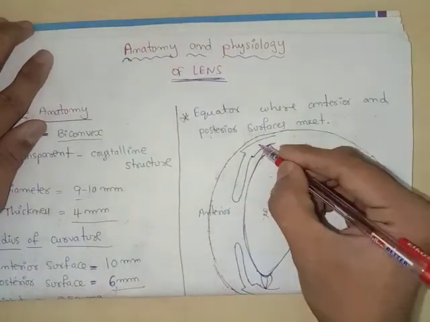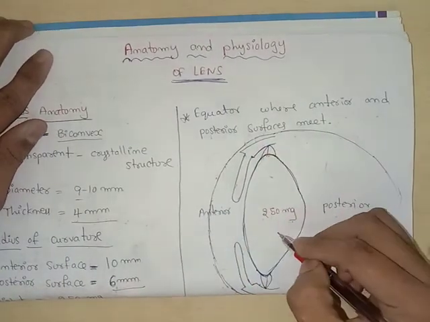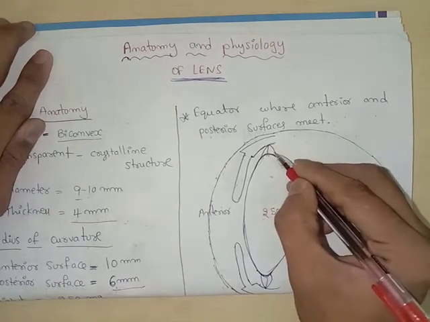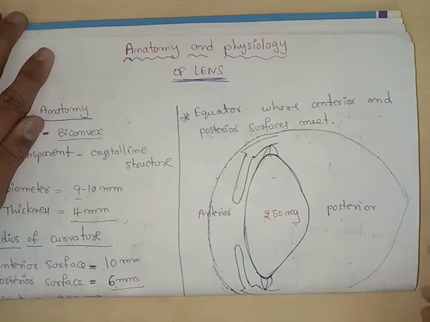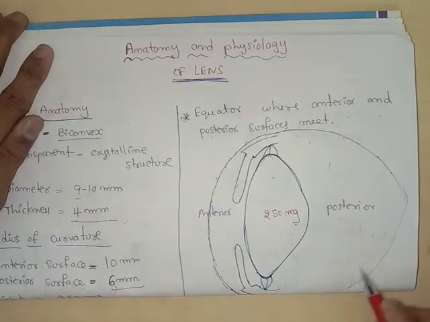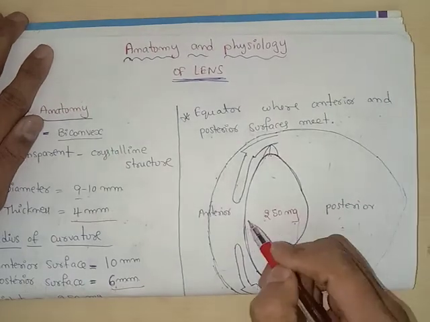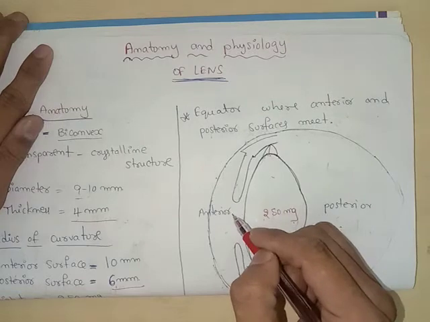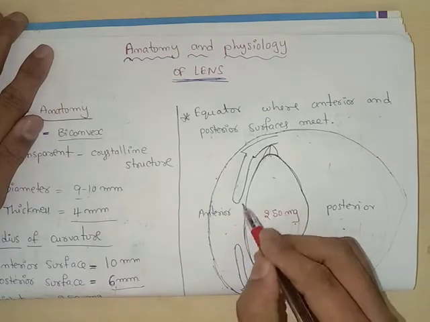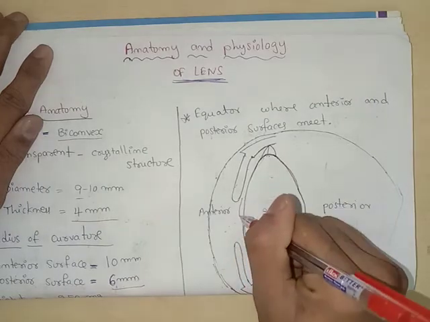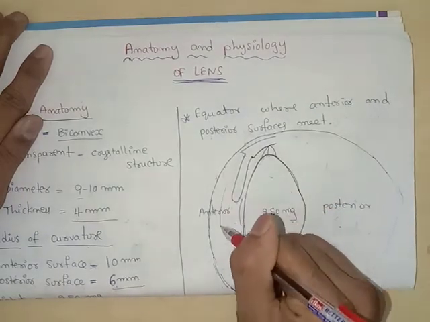This is the iris and ciliary body, and this is the lens, which is connected with the ciliary body through the zonular fibers, which help in the accommodation reflex. The posterior side is filled with vitreous humor. The anterior side is filled with aqueous humor. The aqueous chamber is again divided into the posterior chamber and the anterior chamber.